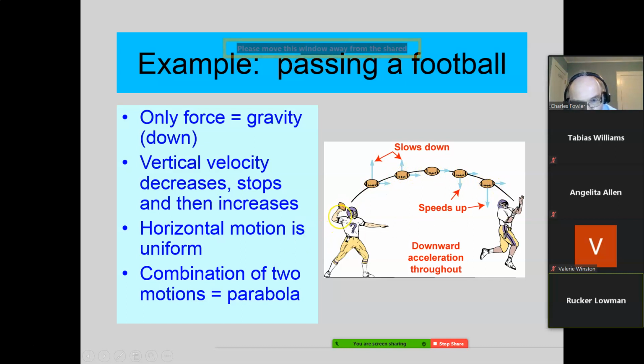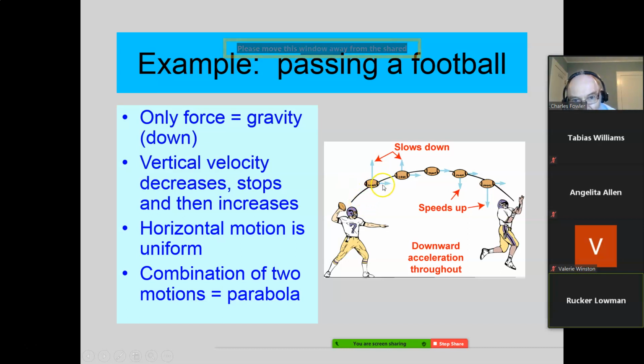He pumps with his strong right arm, unfortunately here, and throws the ball, giving it a component of velocity just like this, tangent to that line right there. That has a horizontal component and it has a vertical component to begin with. Okay?